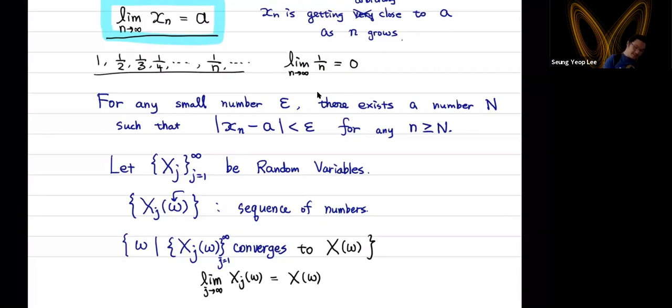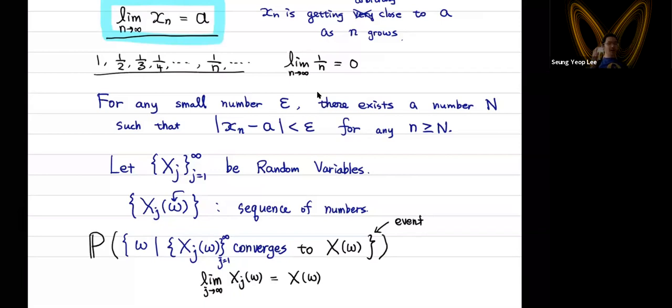These are events, right? This is an event because it's a subset of the omega. Right? So we can measure the probability of such event. So if this probability, all the sample where this sequence of xj converges to x has the probability 1, if it has a probability 1, then we say, I don't have space.